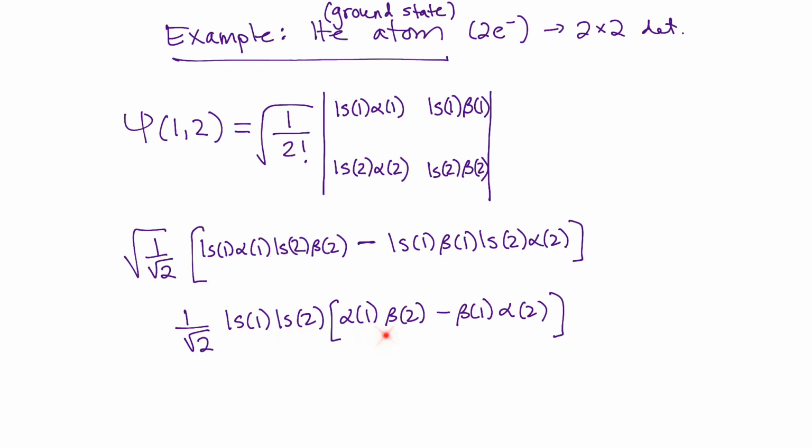Here, this would be our linear combination of the spin options. Remember, we can't specify that electron 1 is spin up and electron 2 is spin down, or that electron 1 is spin down and electron 2 is spin up. We have to take the linear combination of all of those possibilities in order to get a satisfactory result.